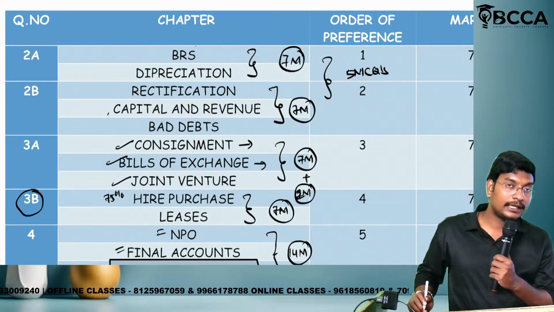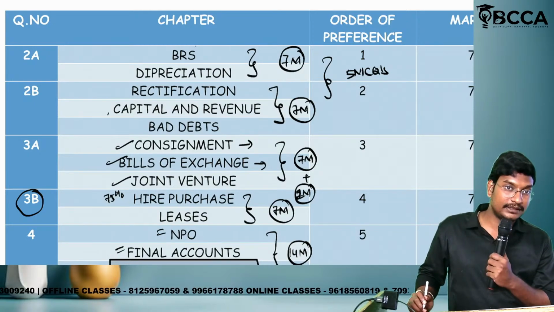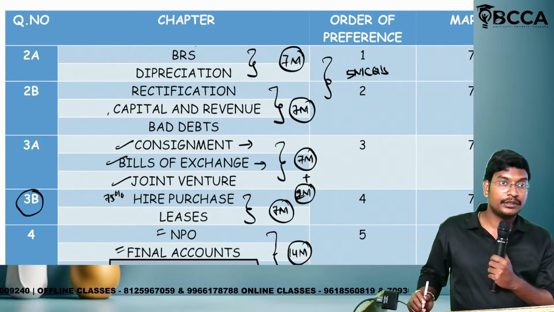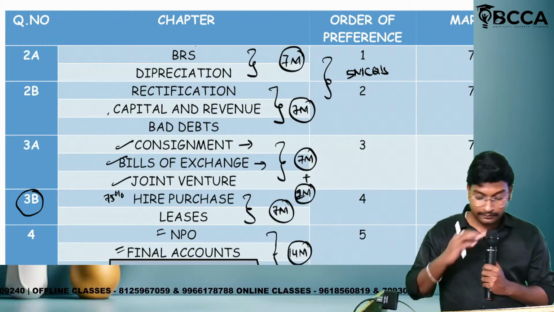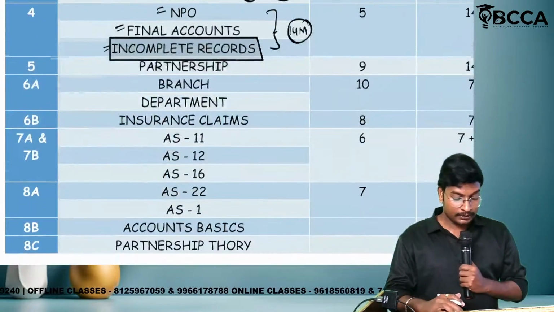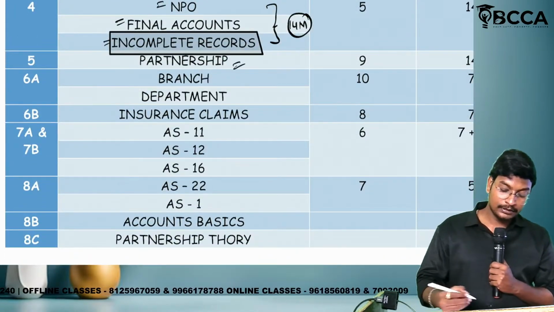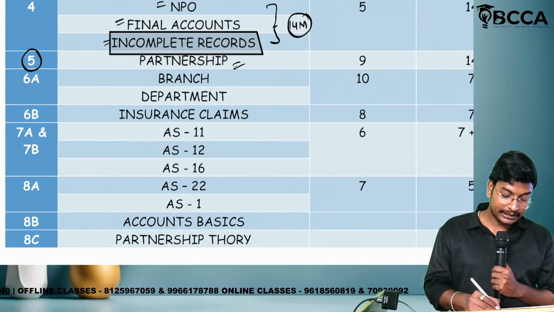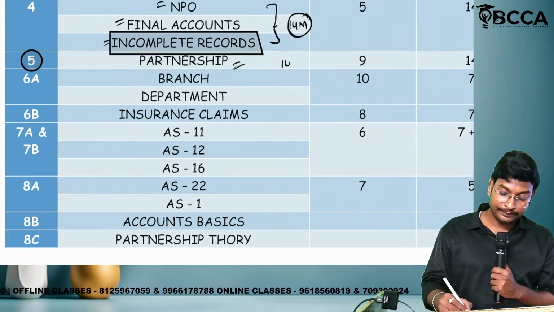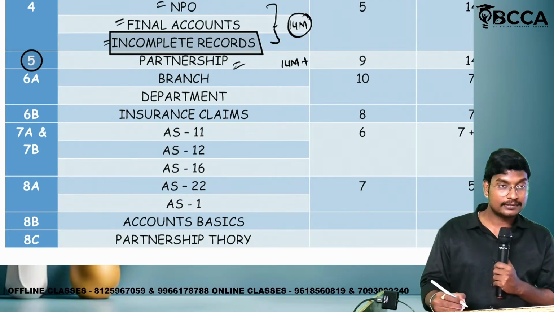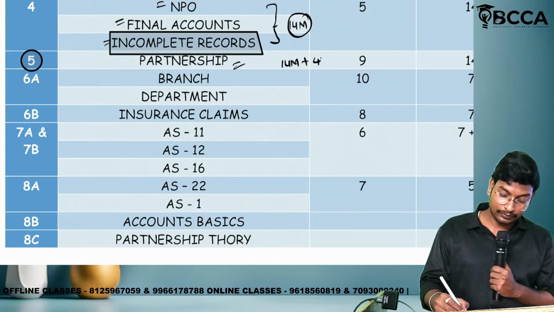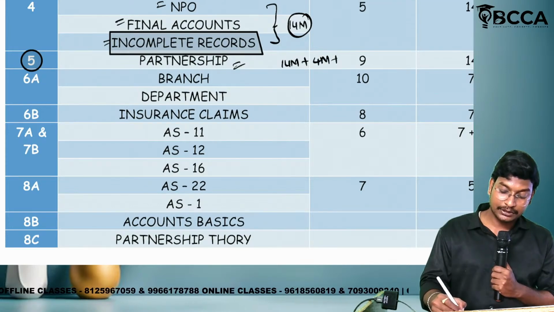So once again I am going to discuss the basics in a faster manner because we already learned in the CMA foundation. And next one, partnership. Partnership direct question they will ask for 14 marks, plus one theory question for 4 marks, plus one MCQ for 2 marks.